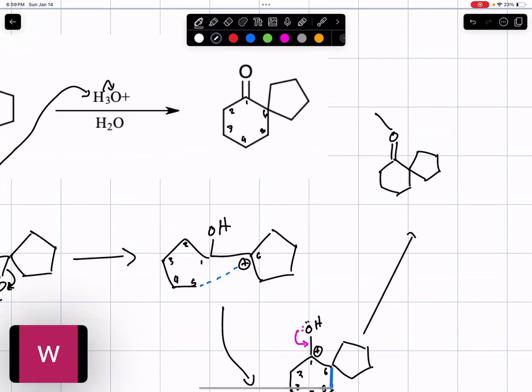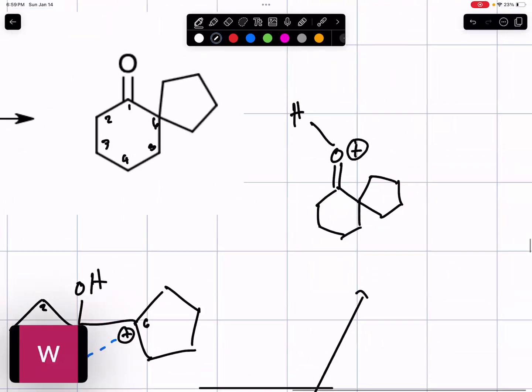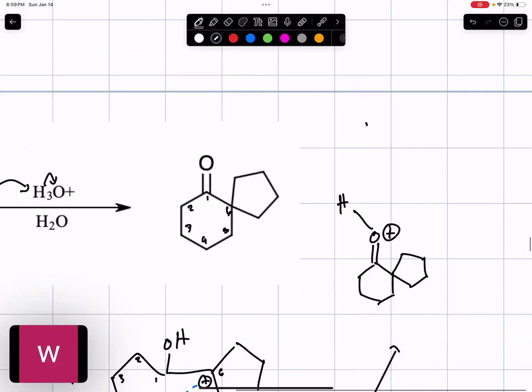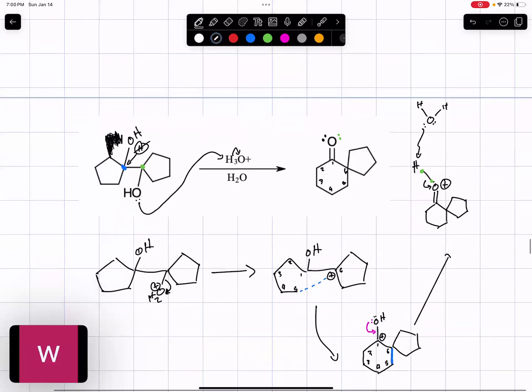But that carbonyl group still has that hydrogen, and we remember that the formal charge is on oxygen, and all we have to do now is deprotonate it with water such that the electrons now in green come back to oxygen. And so you have that represented by these green electrons and the electrons that are never lost. Okay.